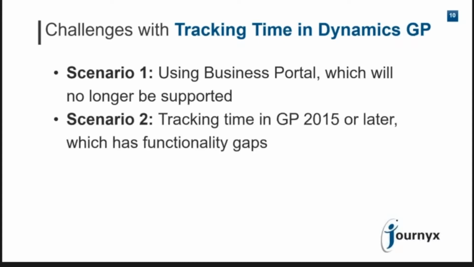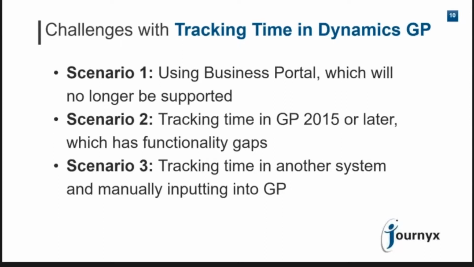The second scenario would be, well, I've already upgraded my GP, and I'm using some of the self-service or web apps to track my time and expense data, but I've got some real challenges around capturing that data, especially around the end user experience.